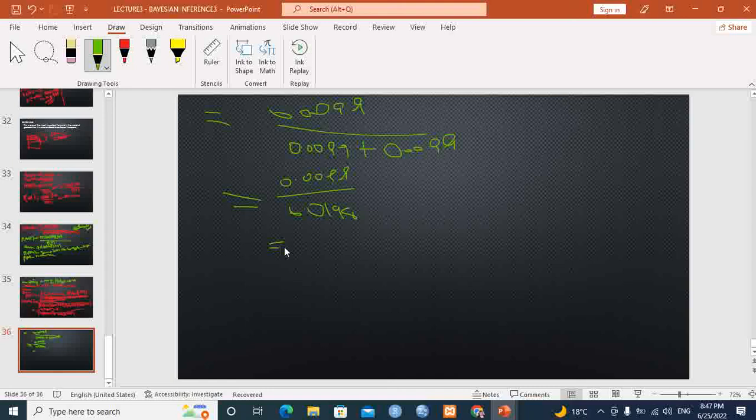What do we get if we divide this? We get 0.5. Really?